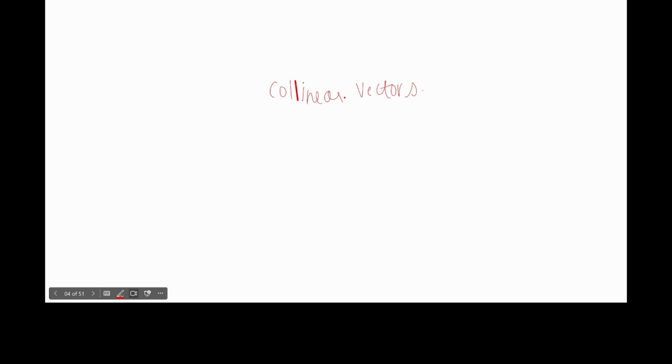Vectors lying in the same line can be said as collinear vectors. So let me write the definition. Vectors lying in the same line are called collinear vectors.